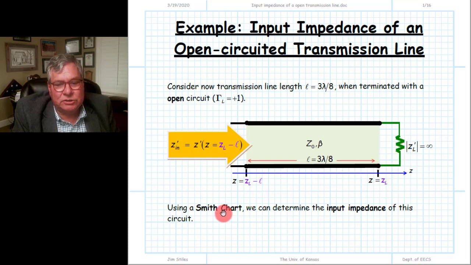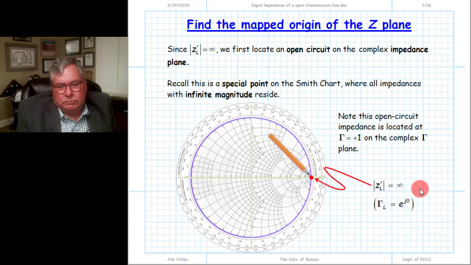To do that, of course, we can use a Smith chart. So the first step here is a little different than usual in that we're not looking for a contour of constant resistance and a contour of constant reactance and looking at the intersection of those 2 points to identify the load impedance.